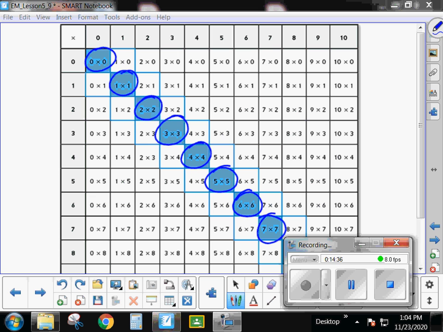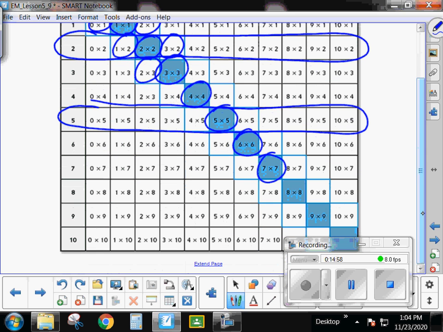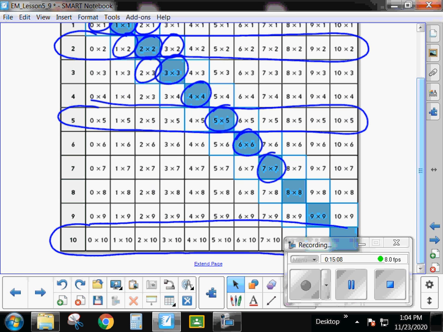You should be able to answer all of those facts very quickly and easily. Because you can answer those facts, you should be able to answer the facts on both sides of those. Okay, so go down through and answer all of those. You should be able to answer anything times 5, anything times 2 and anything times 10 right away. So go through here and see how many facts you can answer very, very quickly. We should be really building up that fact fluency by this time in the year.